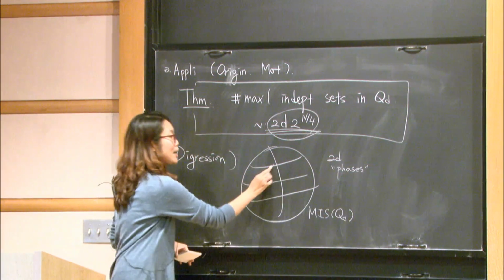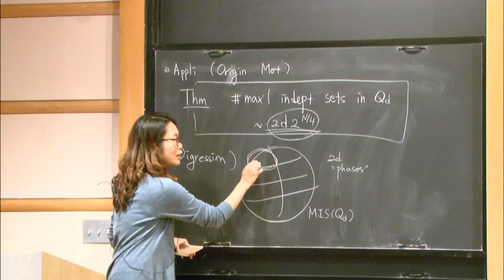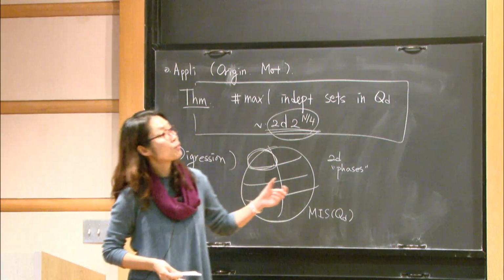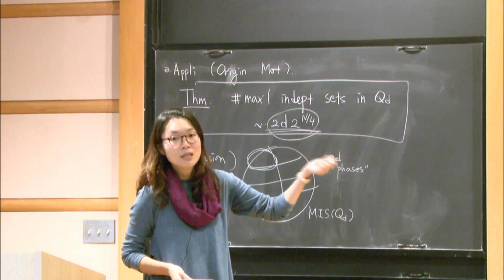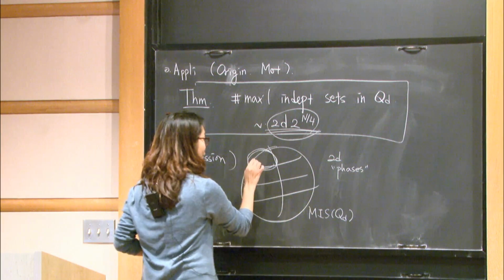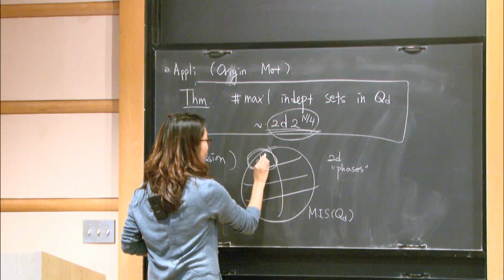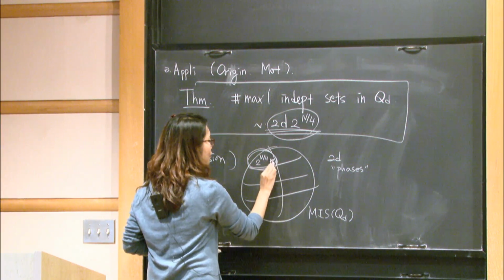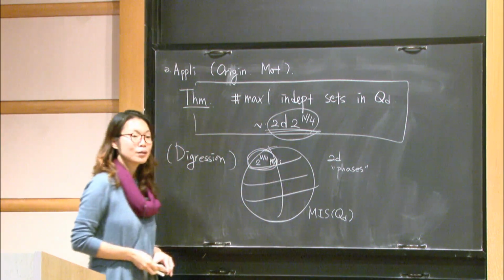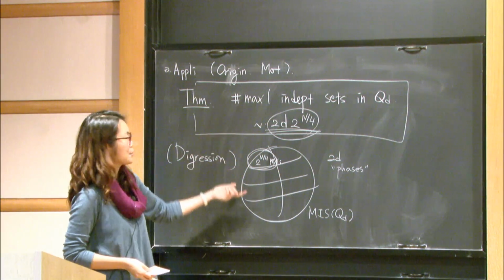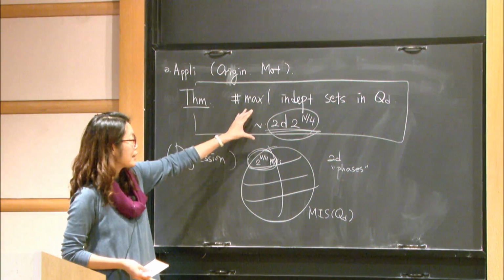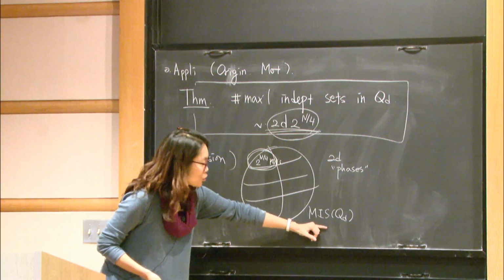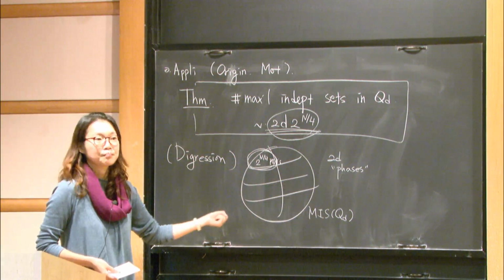And each phase consists of the maximal independent sets gotten by that construction from a certain canonical matching. So in each phase, there are exactly 2 to the n/4 maximal independent sets. And it says this is everything. I mean, asymptotically, this is almost everything. So it says that the structure of this collection is nice and clean.